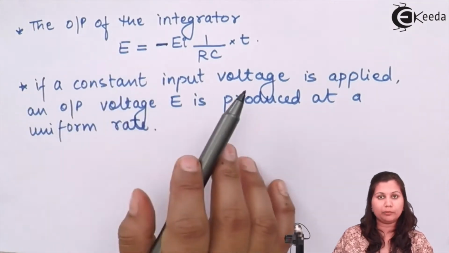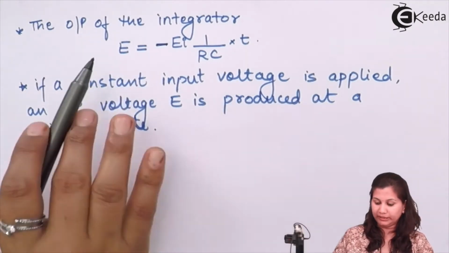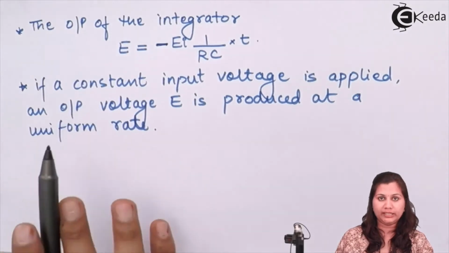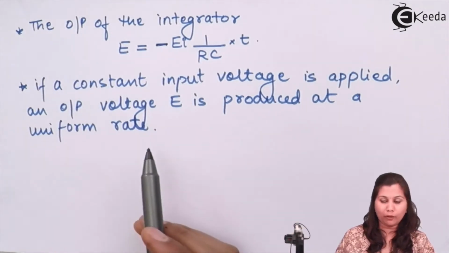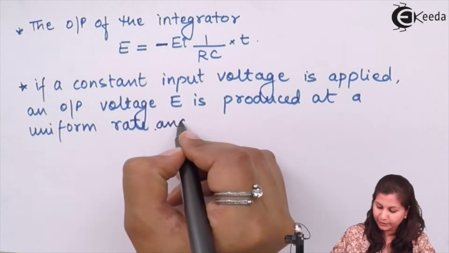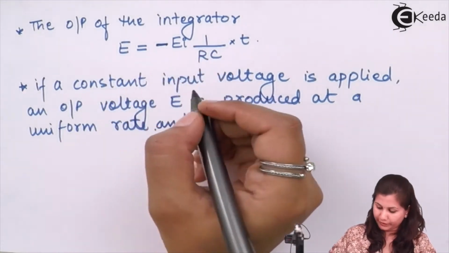So if a constant input voltage is applied to the integrator, then the output of the integrator will be a voltage which is produced at a uniform rate and which has a polarity opposite to the input voltage.